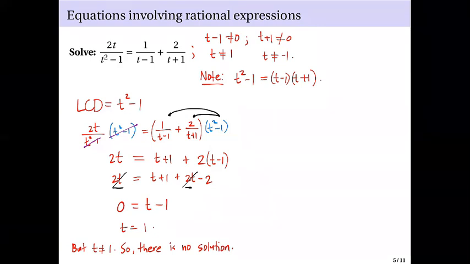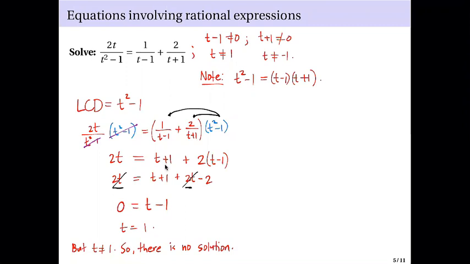Sir, I have a question. Sure. If t squared minus 1 is equal to t minus 1, t plus 1, why do you only cancel out t minus 1 and not t plus 1 also? Where? In like the first line, where you cancel out t minus 1.